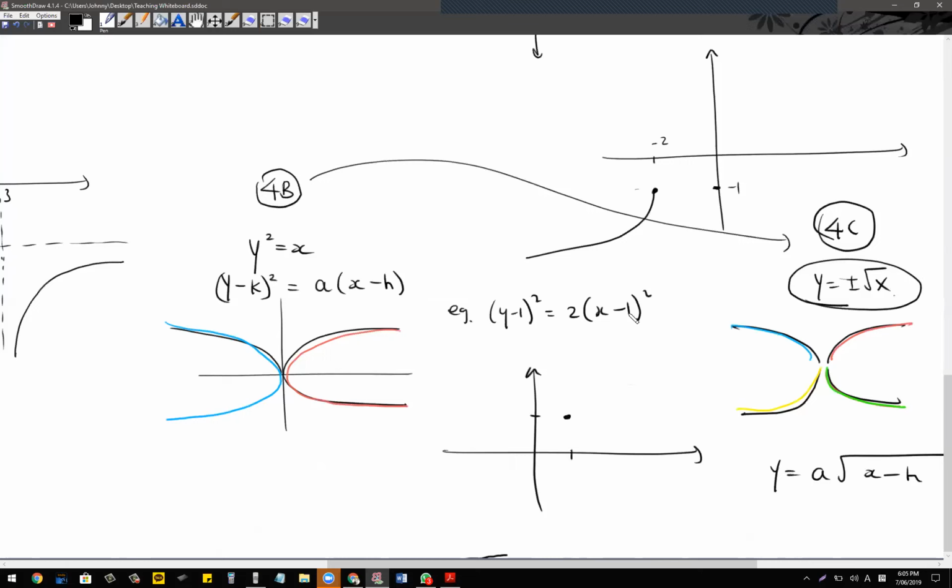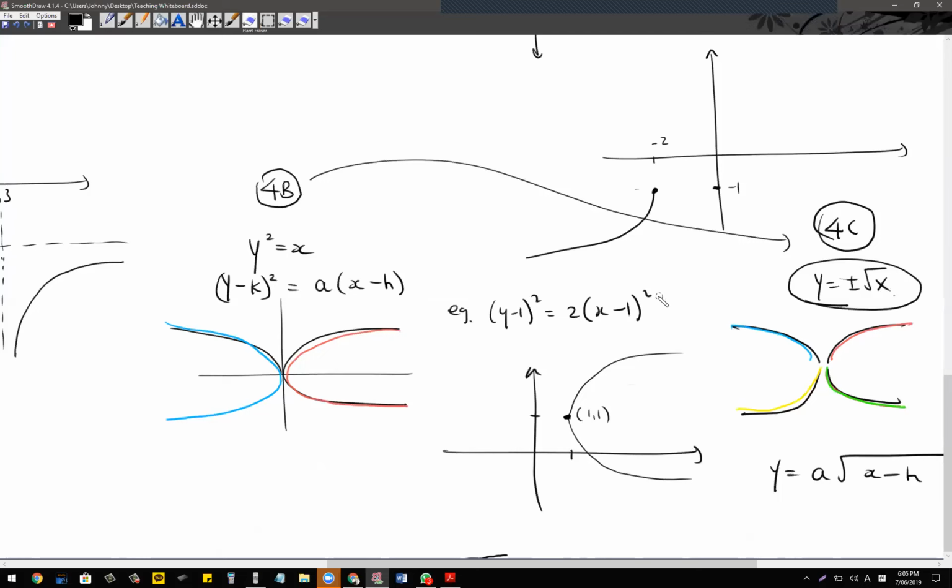So that's to the right, and that's up. So that's the starting point. And because it's 2, positive, you have this one. That's positive, so it's going to be going this way. If it's negative, it's going to go the other way.